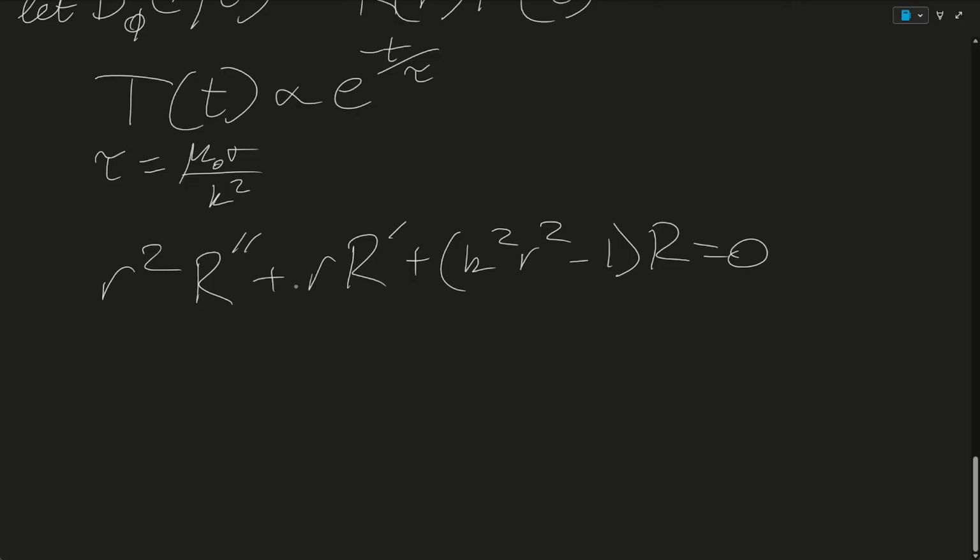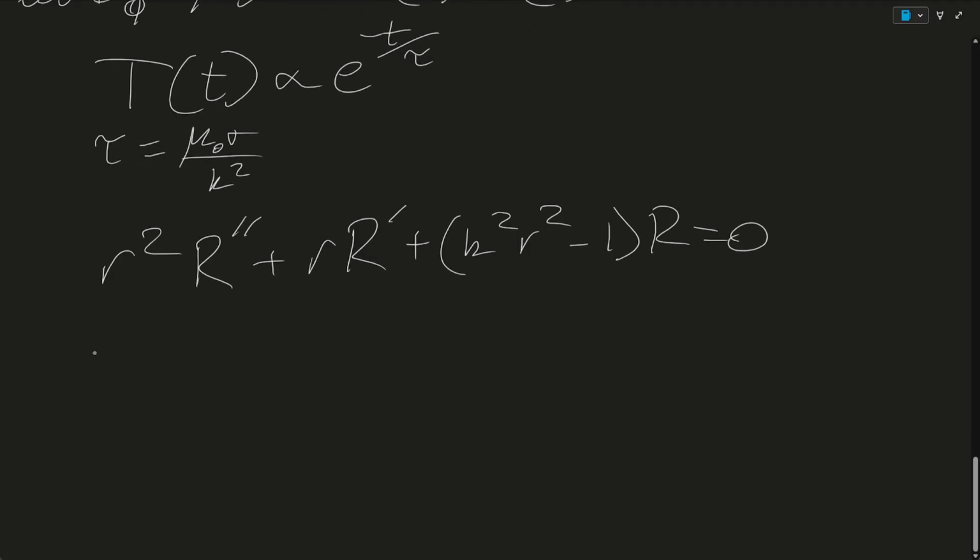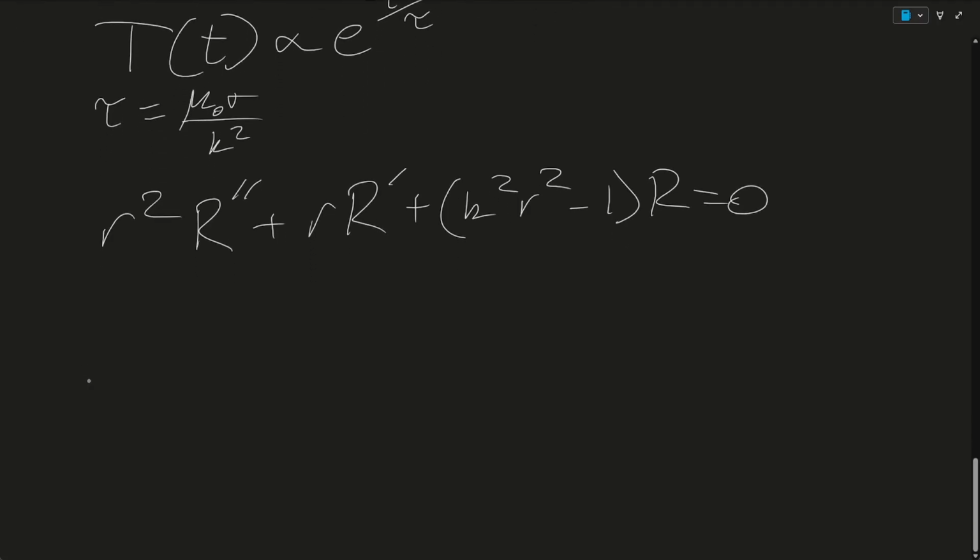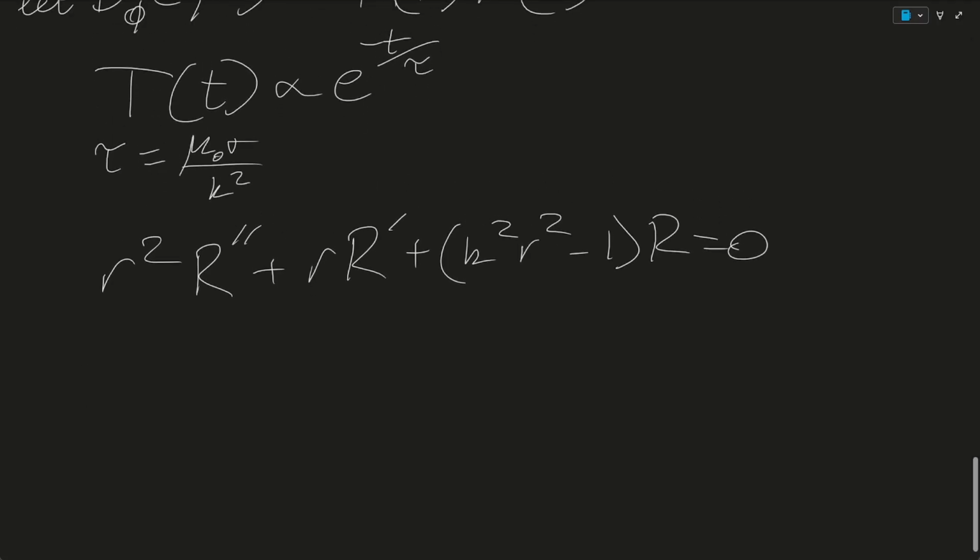And so the solutions to this are J1. I shouldn't have used J1 for the last one. Realize that now. The solutions to this are, of course, Bessel functions of the first kind, which is J1 of k times r.